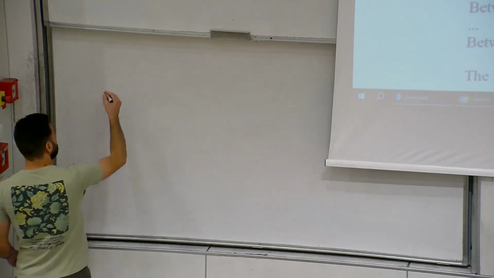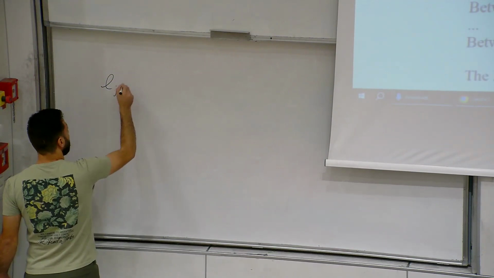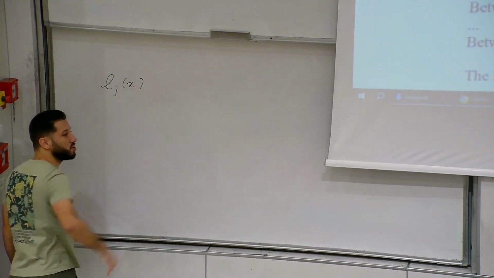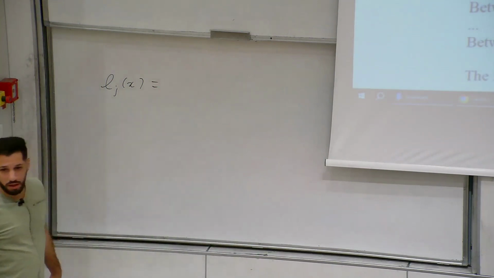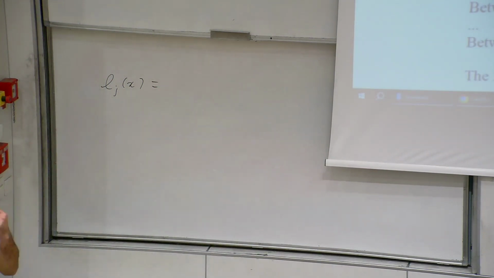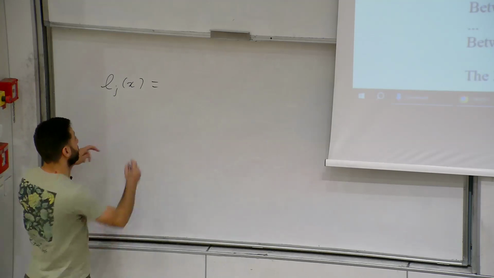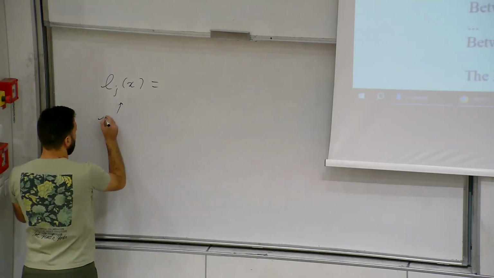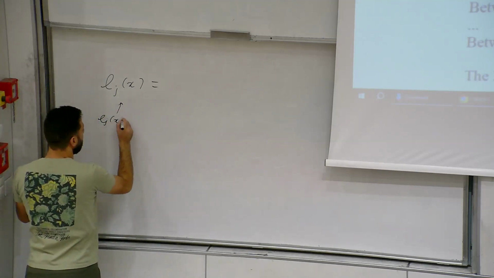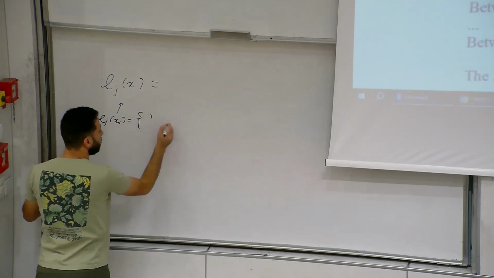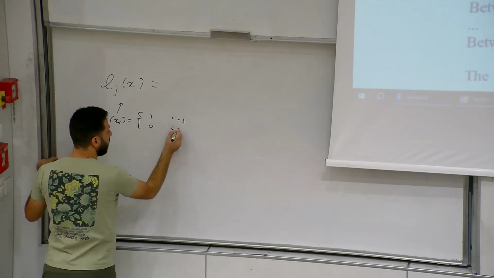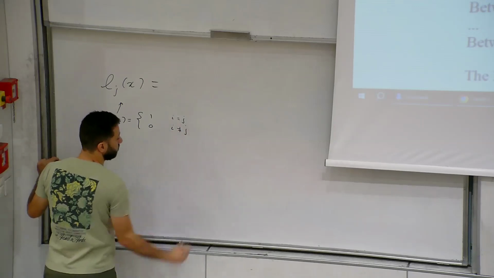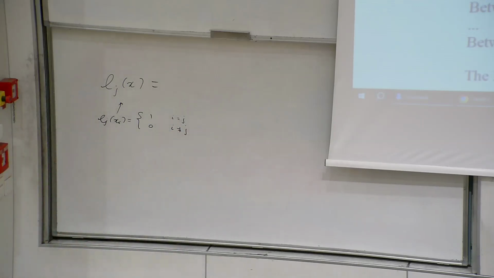So what is the polynomial Lj of x, of order n minus 1, that is 1 at xi if i equals j, and 0 if i differs from j?